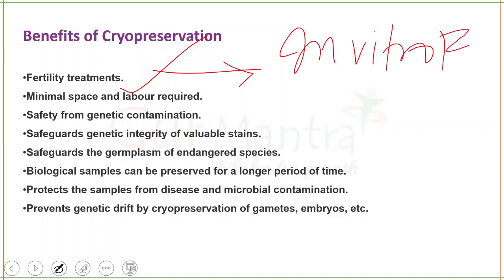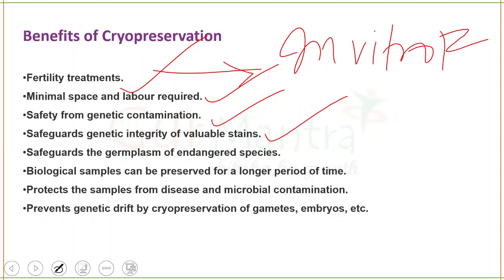Next, minimal space and labor is required. Safety from genetic contaminations, safeguards genetic integrity of the valuable strains. When the cells are in the cryopreservation, no mutation can happen. So the genetic integrity is safe.